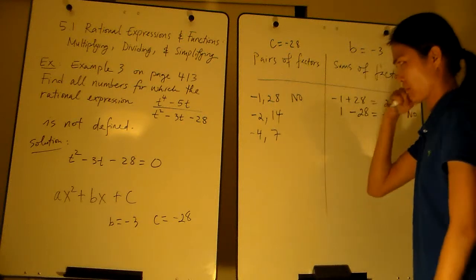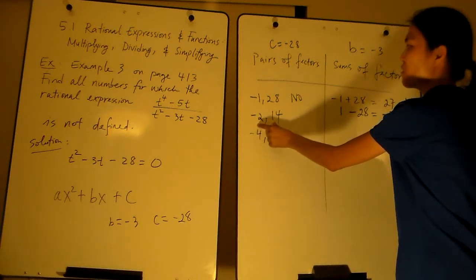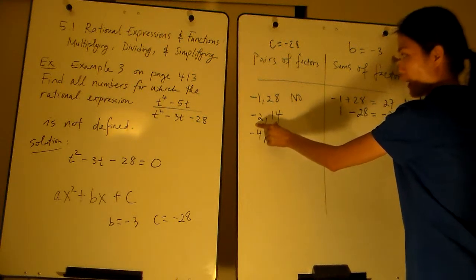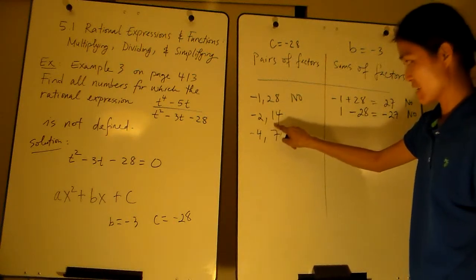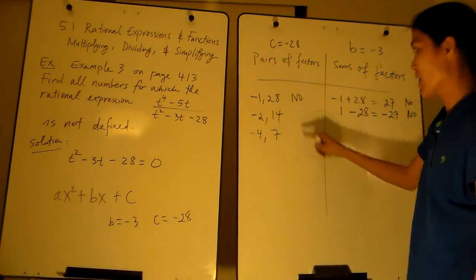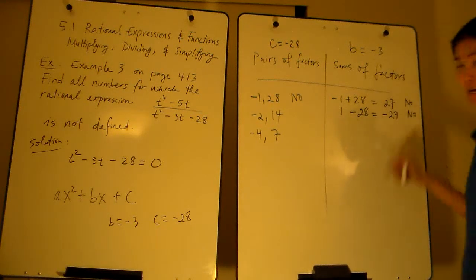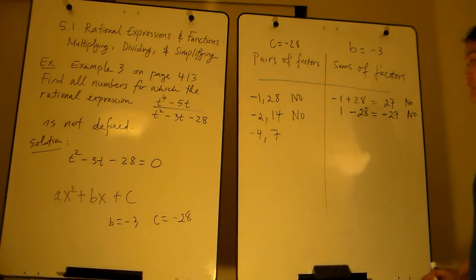Alright, how about this one? You kind of know it's impossible to find the sum of negative 2 and 14 to make b equal negative 3, right? Even when 2 is positive and 14 is negative 14, still cannot make a sum that equals negative 3, right? So you know that these two factors are not the case.